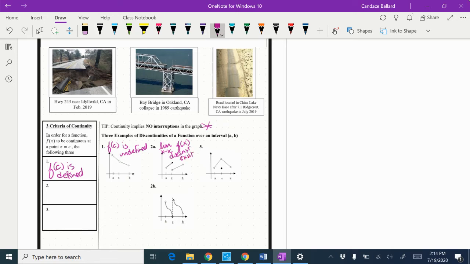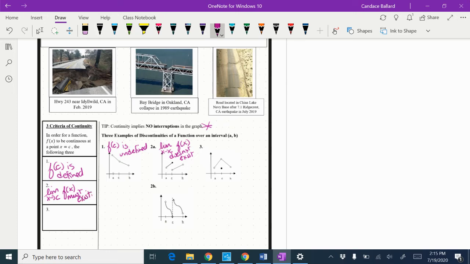And here's 2 examples of it not existing. You can see we've got a jump function, and then we've got the limits going to positive and negative infinity. We know both of those don't exist. So in order for a function to be continuous, the limit as x approaches c of f of x must exist.